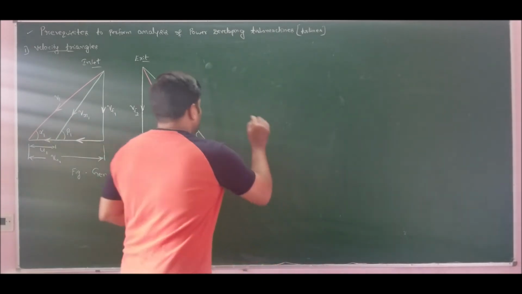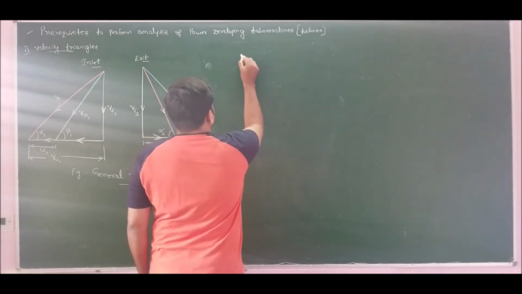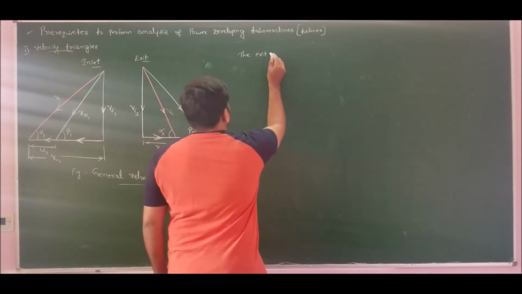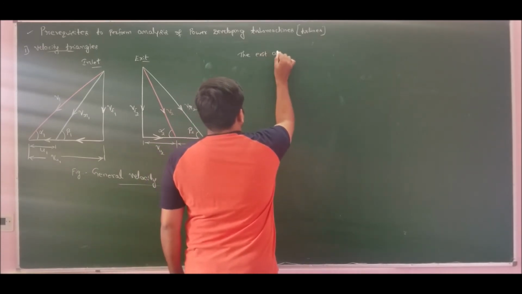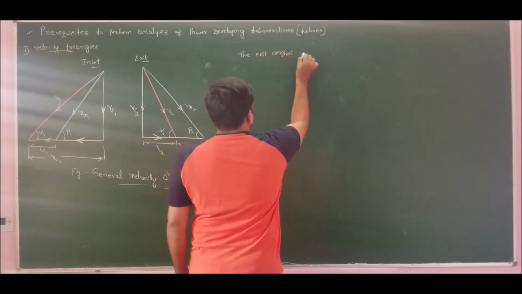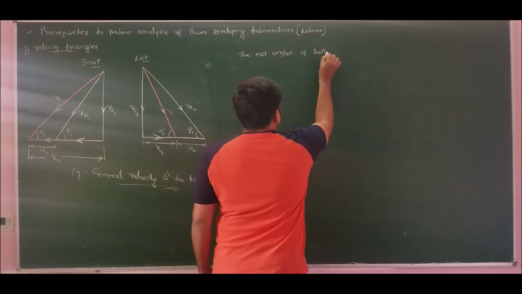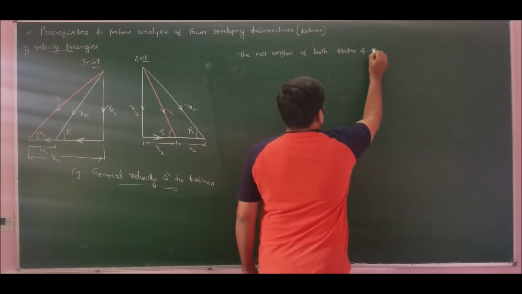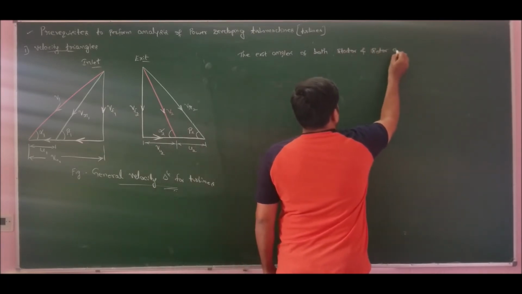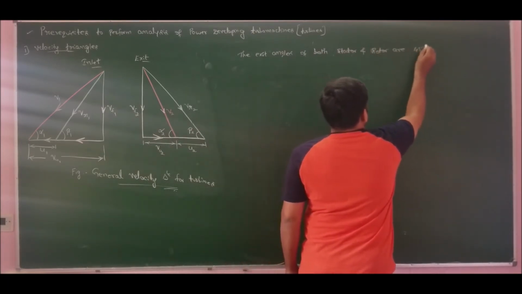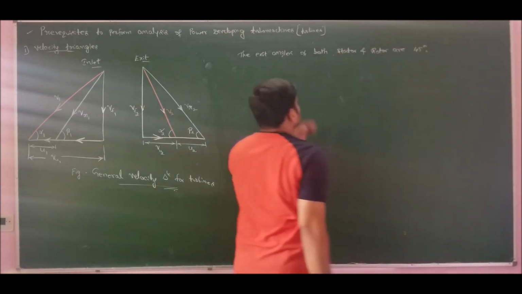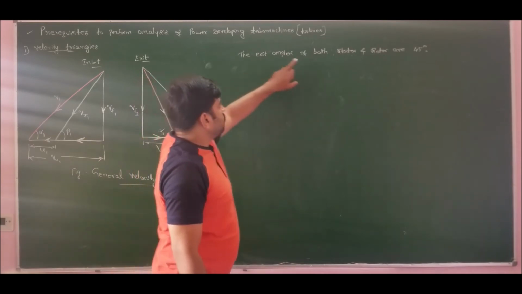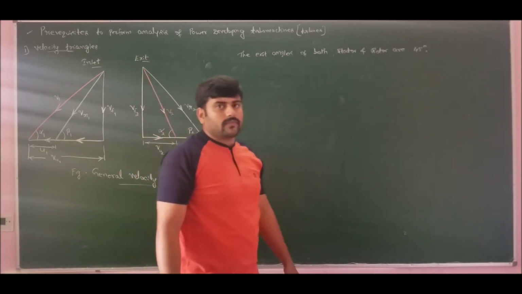That is, if the question is given as: the exit angles of both stator and rotor are 45 degrees. If he gives it like this in the question, what he means to say is that the exit angles of both stator and rotor are 45 degrees.